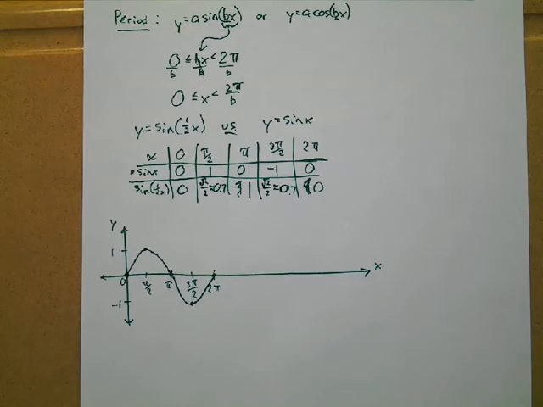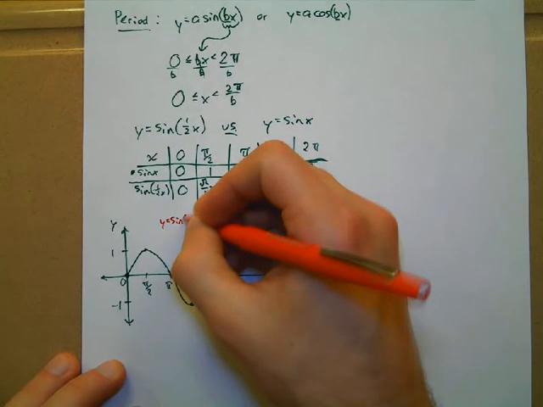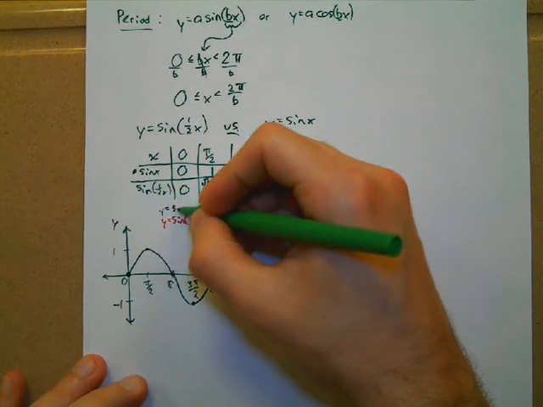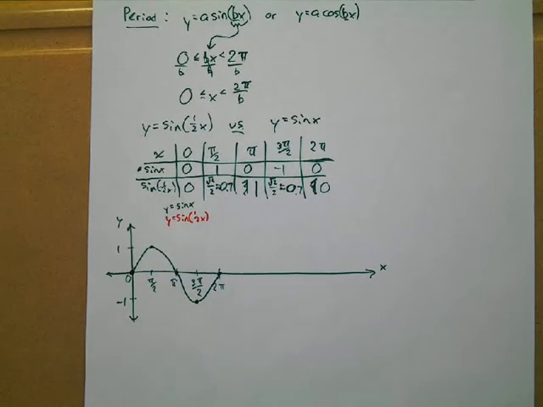at 0, it's still 0. But at pi over 2, instead of being 1, it gave us root 2 over 2, because it's pi over 2 times 1/2, and then sine of that, pi over 4. So it's 0.7. So pi over 2 is going to be like right, I don't know, like here, we'll say. And then at pi, it's 1, because pi times 1/2 is pi over 2. Sine of pi over 2 is 1.